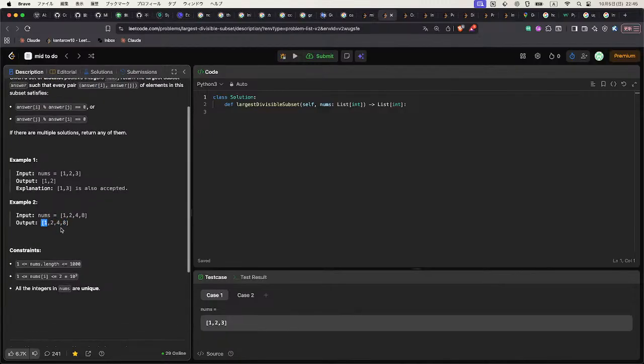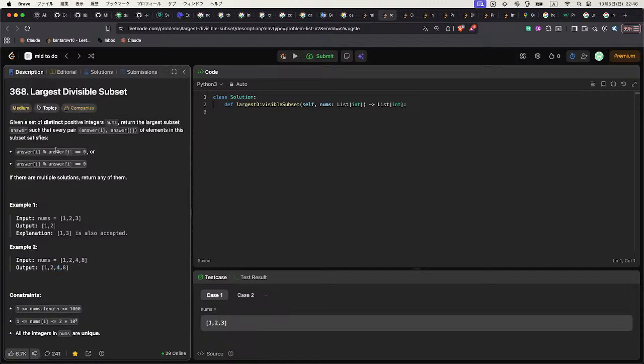So 8 is good. 4 is divisible by 2 and 1. 2 is divisible by 1. We don't need to check whether 4 is divisible by 8 because we already checked 8 is divisible by 4.